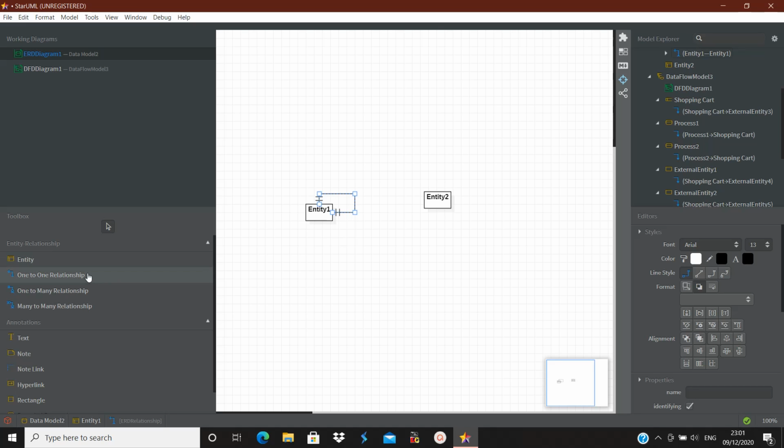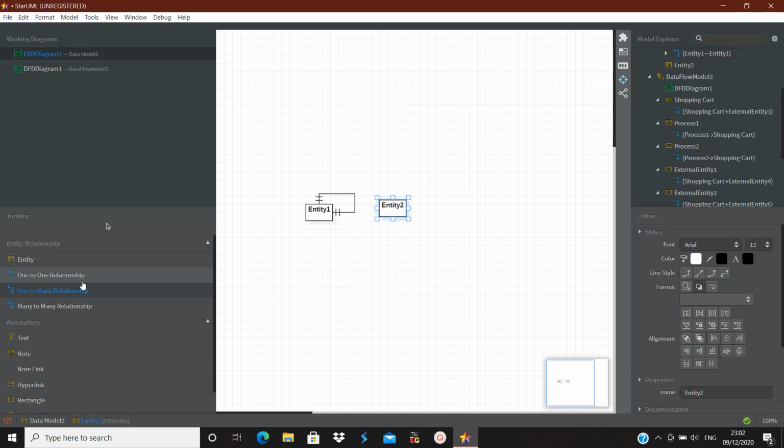In the one to one relationship, one instance of an entity is associated with one instance of another entity. In the case of one to many relationship, it is showing the relationship between different entities, where one instance of an entity is associated with zero, one or many instances of another entity.